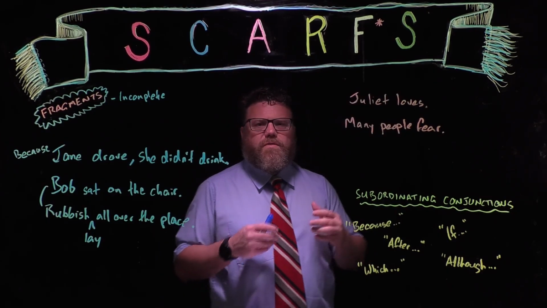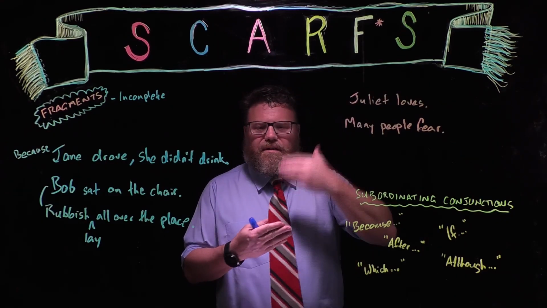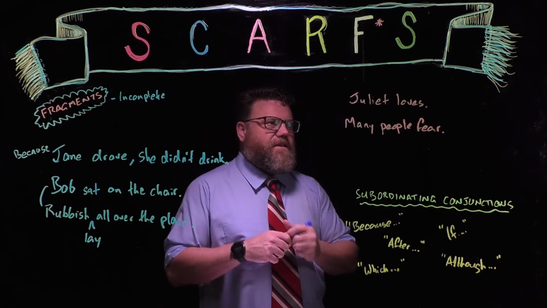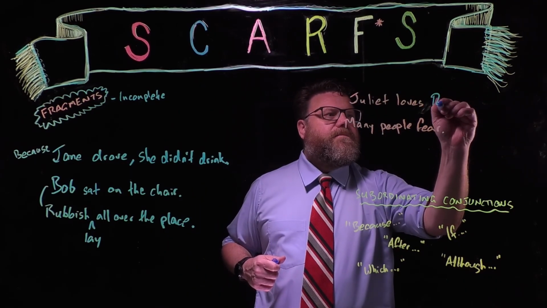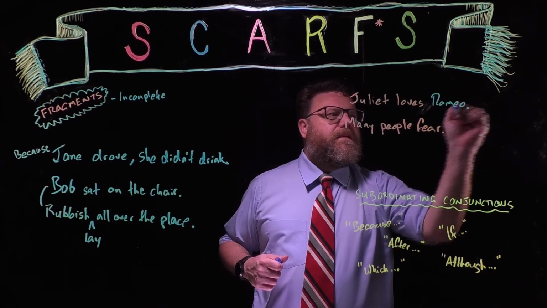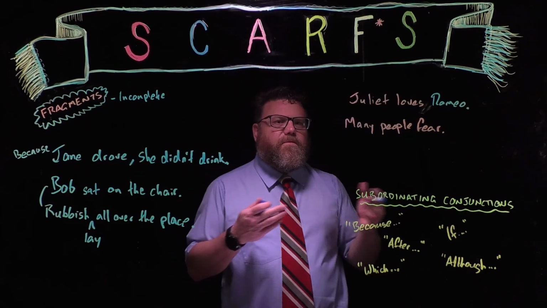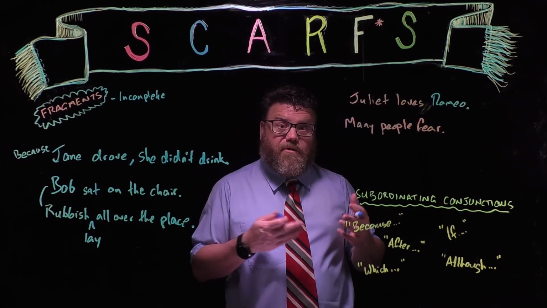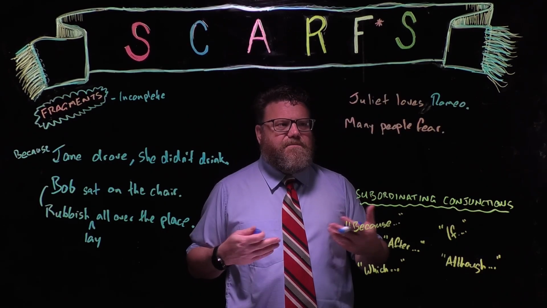If you look at the first one, Juliet loves. It sounds a little unusual. We need to know the object of her affection. So in this case, if we put in the object of Romeo, then we get a complete sentence. Same with the next one, many people fear. We've got a subject and we've got the verb to fear, but it seems to be missing something.